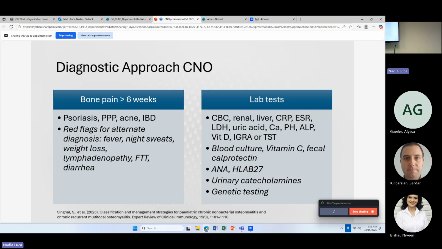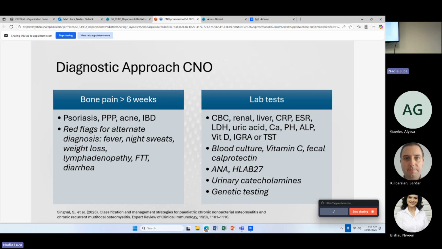That's the main part of your history, really teasing out whether there are any red flags. And then in your blood work, your basic workup for these patients includes the first bullet there, which is our basic blood work, including some bone labs, of course.